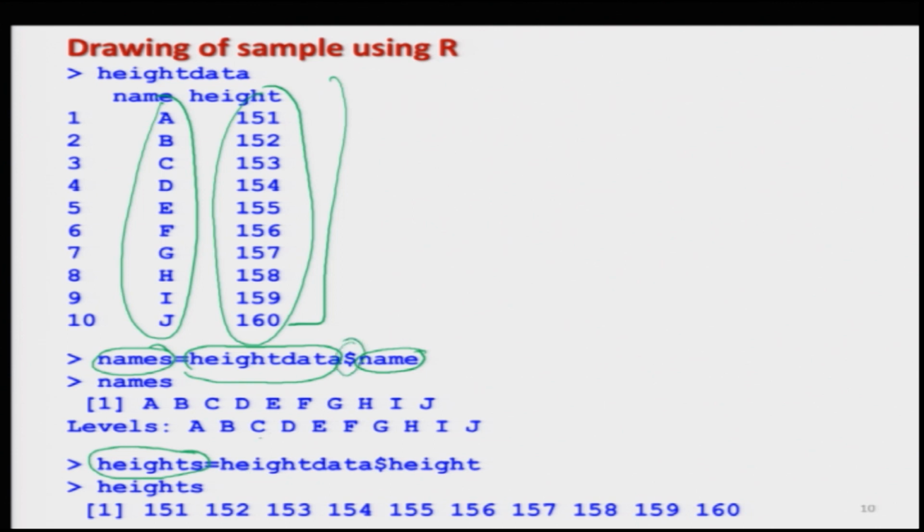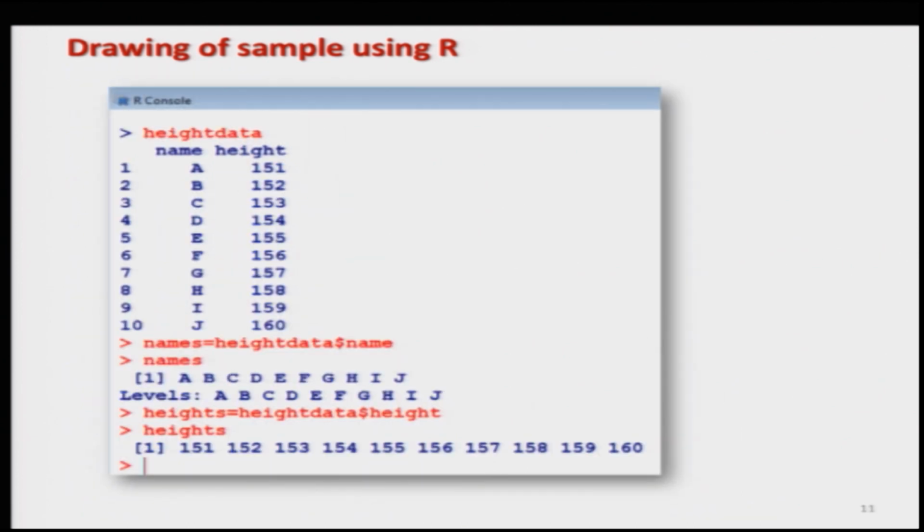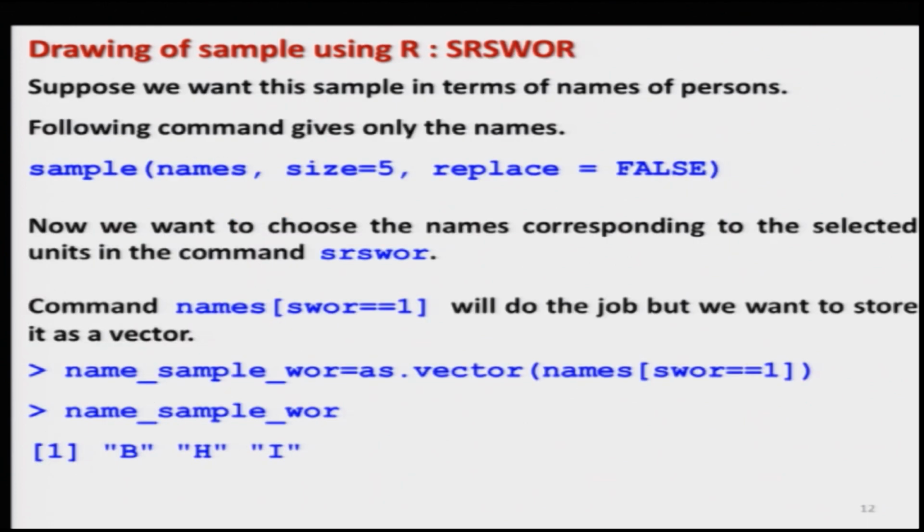If you want to extract the data on height, write the data frame name, then the variable name height, and join them by a $ sign. You can see here that this gives you the same data as is given in the data frame. That is the same thing we had done earlier, and this is the screenshot. So you can believe that whatever I am showing you here will hold correct. Now I try to compare.